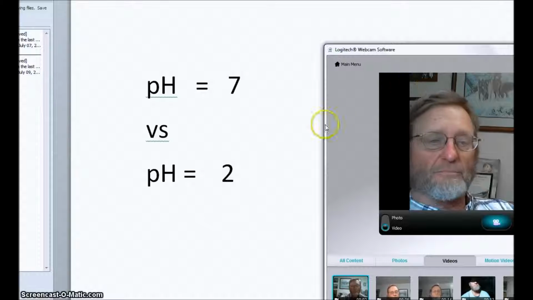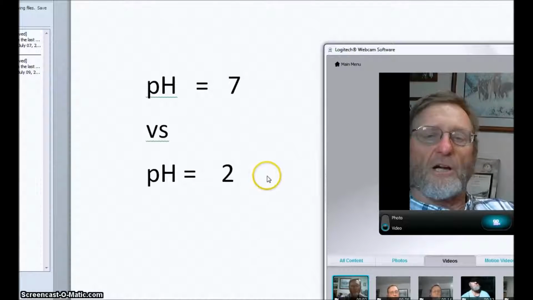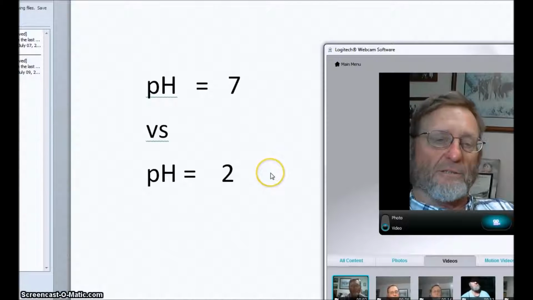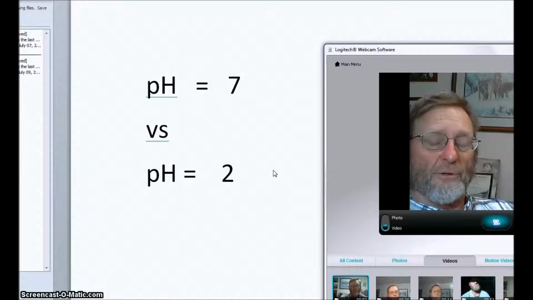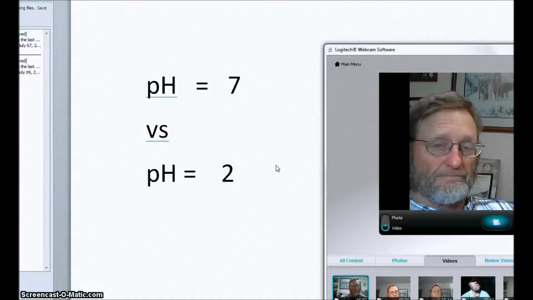I'm going to move over here. So pH of 2, it's a certain concentration of hydrogen ions in a liter of water or liquid, and it's expressed as moles per liter.